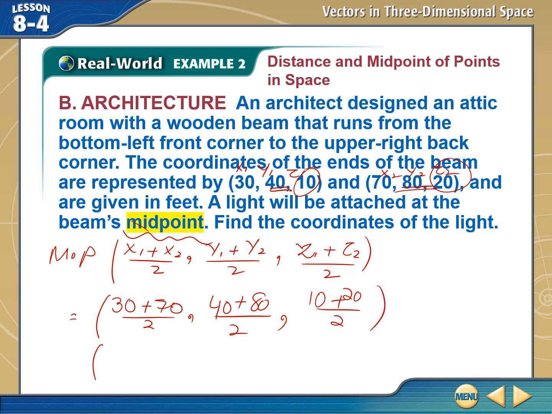So let's calculate. 30 plus 70, 100, 100 divided by 2 is 50. 40 plus 80, 120, 120 divided by 2 is 60. 10 plus 20 is 30, 30 divided by 2 is 15. So our coordinates are 50, 60 and 15.